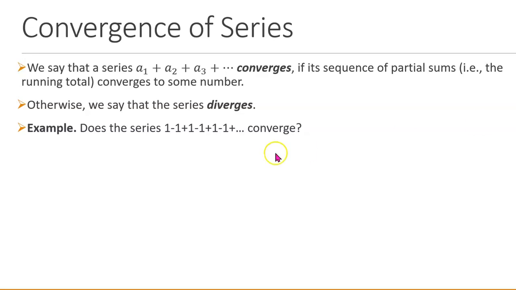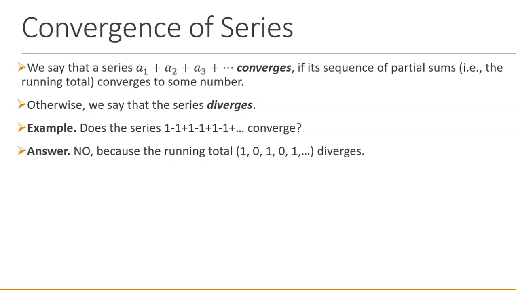For example, suppose you have a series 1 minus 1 plus 1 minus 1 and so on. Does it converge? Let's look at the running total, that is the sequence of partial sums. The sum of the first two terms is 0 because you have 1 minus 1. The sum of the first three terms will be 1 minus 1 plus 1, equal to 1.